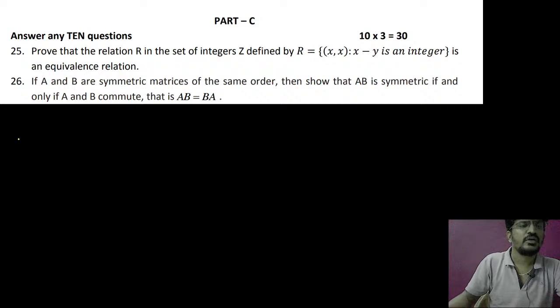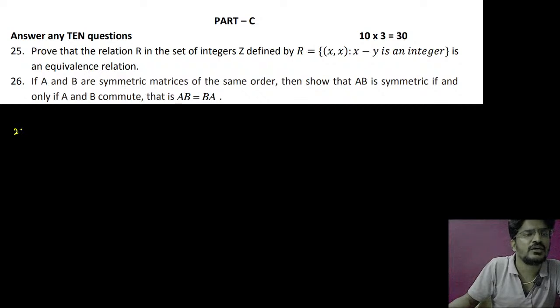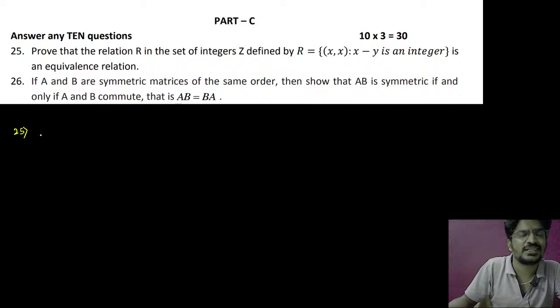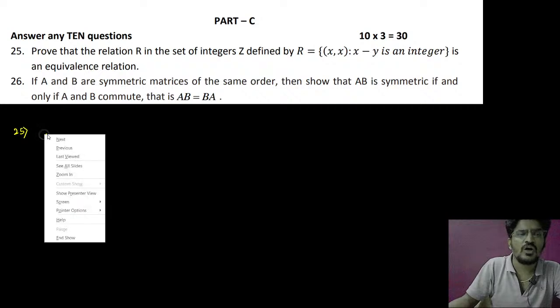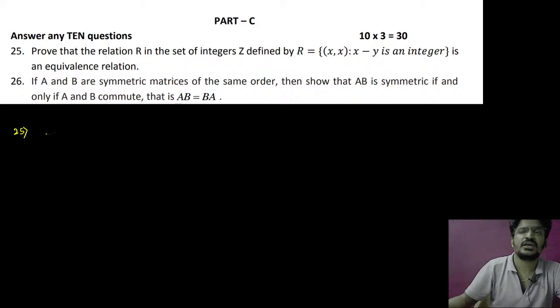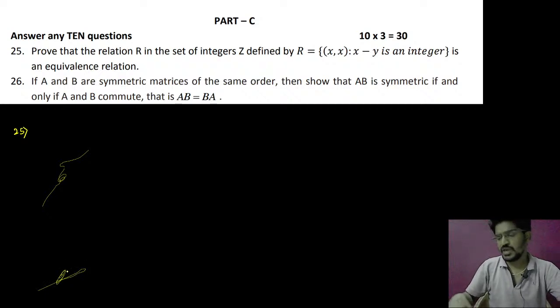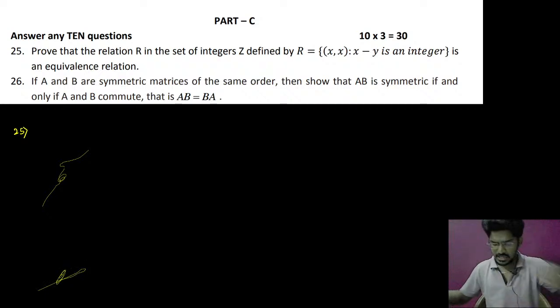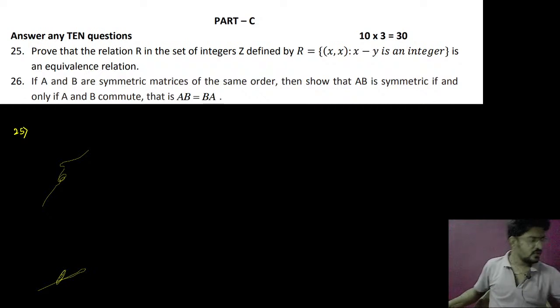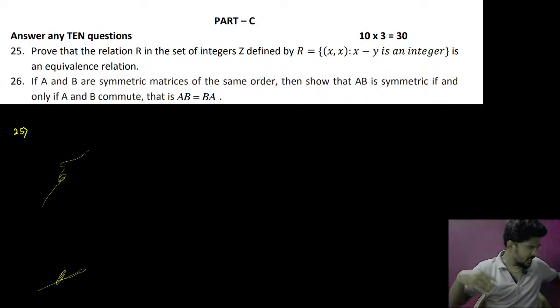Okay, we shall start with problem number 25. Prove that the relation R in the set Z defined by R equal to the ordered pairs (x, y) such that x minus y is an integer is an equivalence relation. When we say it is an equivalence relation, it must be reflexive, symmetric and transitive.